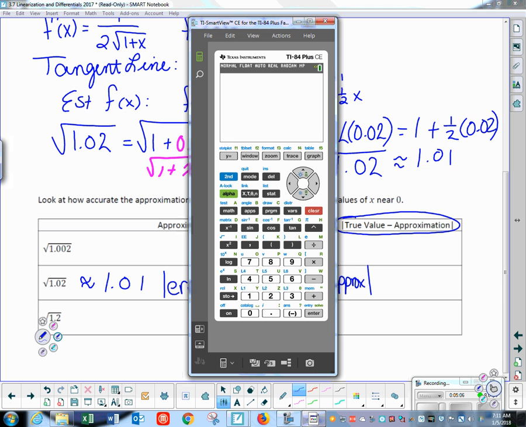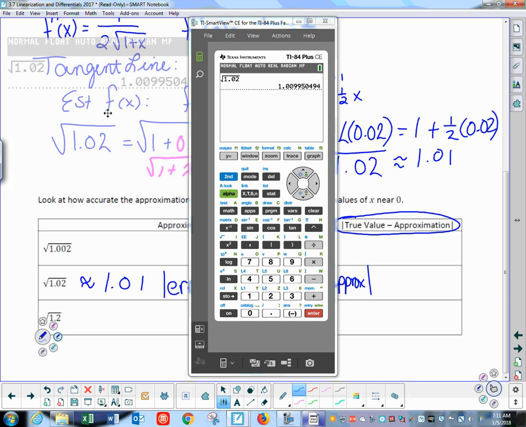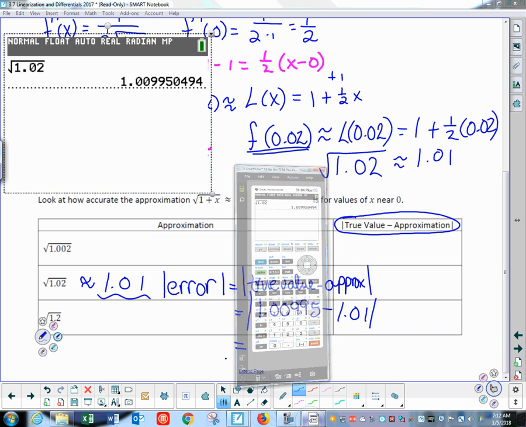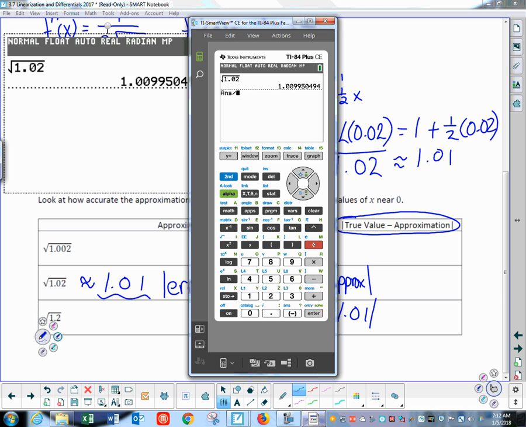I'm just going to key in what is the square root of 1.02, and we get that it's 1.00995, which is close enough, minus my estimated value of 1.01. Oops, not divided, that minus 1.01.